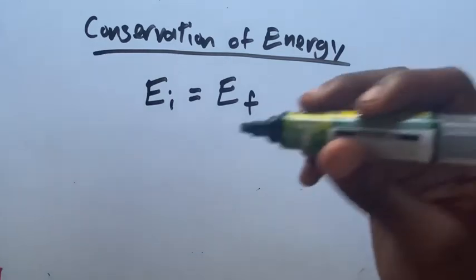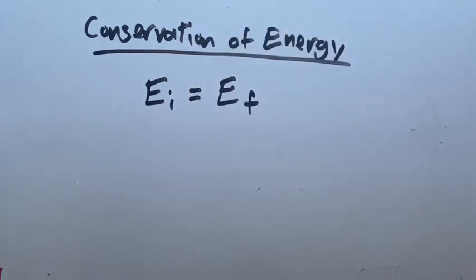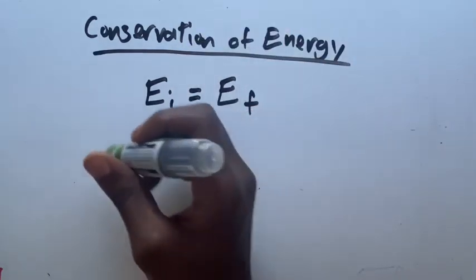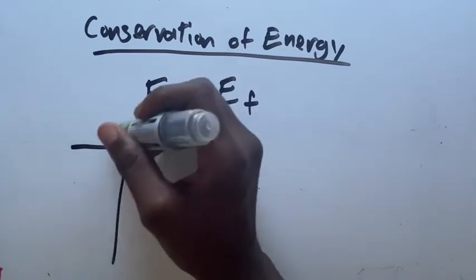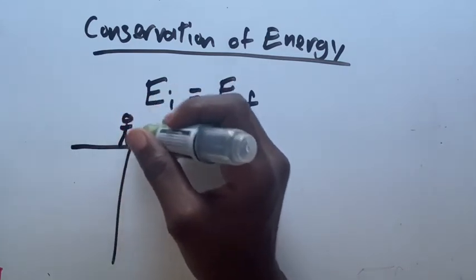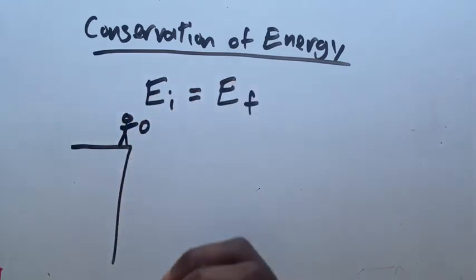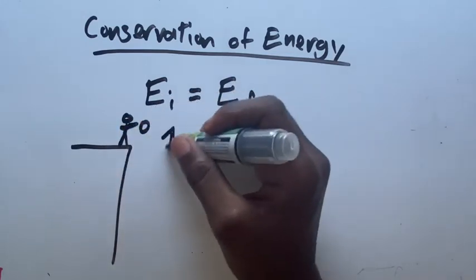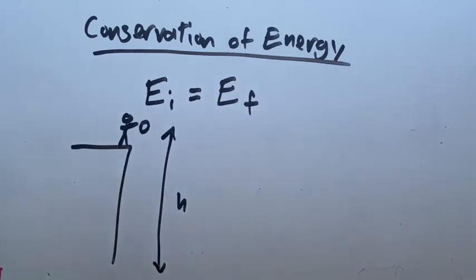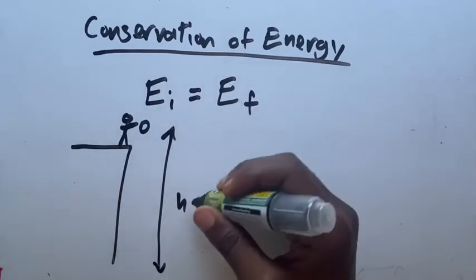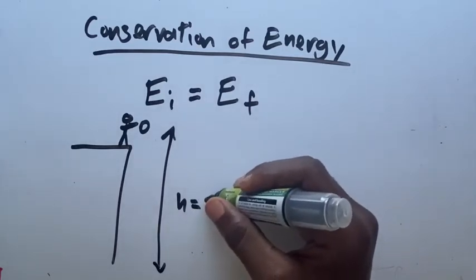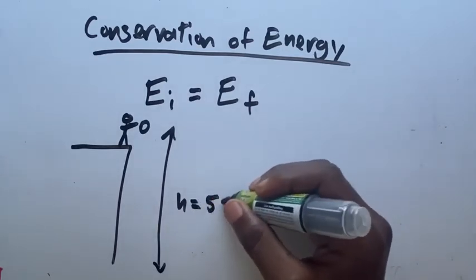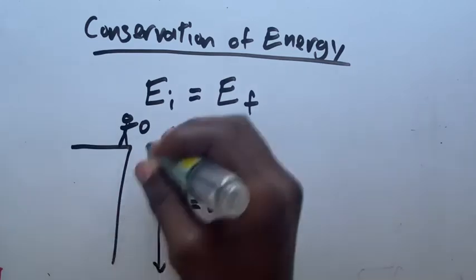An example of conservation with energy would be like, let's say I'm standing up here and I have a ball in my hands. So I'm standing up here at some height, h. Now let's say h is 50 meters. So you're pretty high up there.